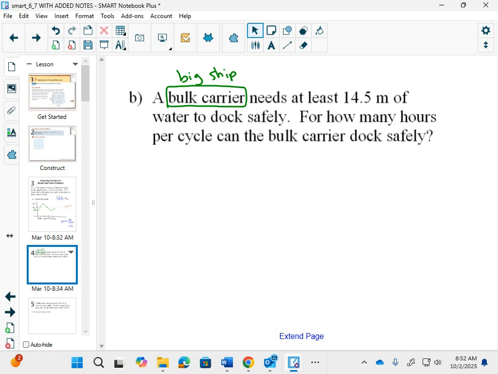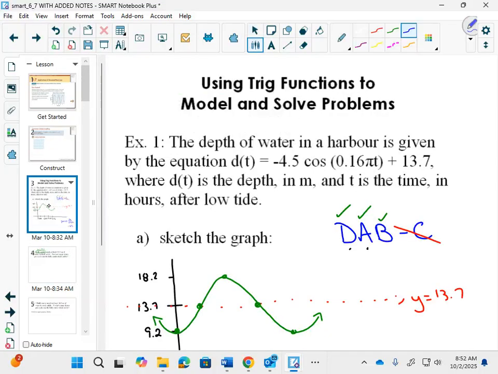It needs 14.5 meters of water to be in there safely. On our graph, we can go here, I'm going to label it in blue because it's water level. I'm going to label 14.5. I'm going to draw that wave across here. Can you see that only from this point to this point, in that section, the water is deeper than 14.5?